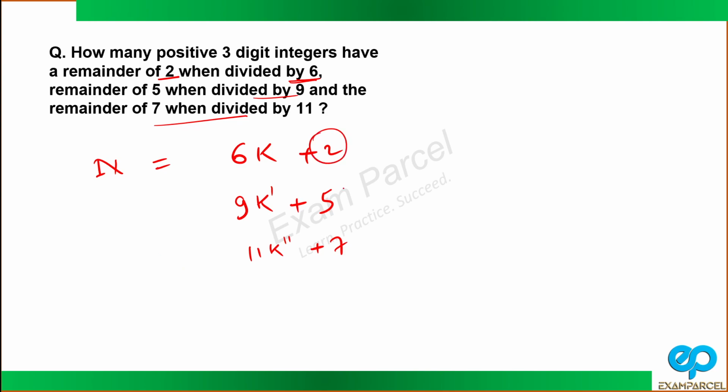Now all these remainders are different, but one thing is common there. If you notice, there is a clever pattern here. Actually, all these have the same negative remainders, right? The negative remainder is 4. Here also the negative remainder is 4. Here also the negative remainder is 4. So can I rewrite all of them in terms of the same remainder, right?